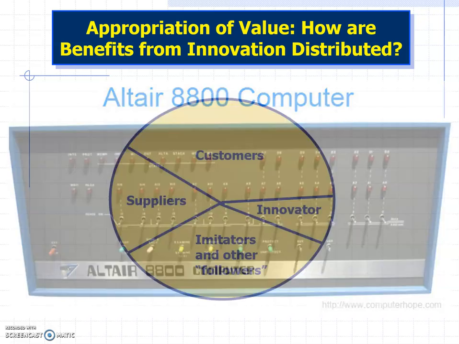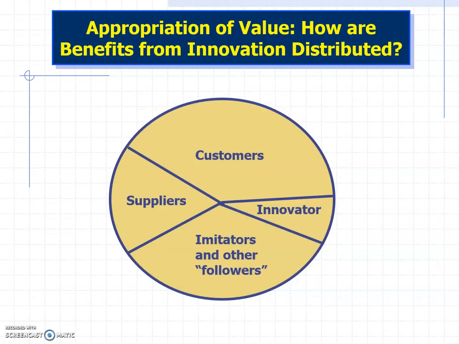But then what happened? Well, all these imitators, especially IBM, and all the IBM clones followed. And the suppliers, like you can think probably Intel and Microsoft, were able to gain a large share of that economic value that was created. But ultimately, the customers.